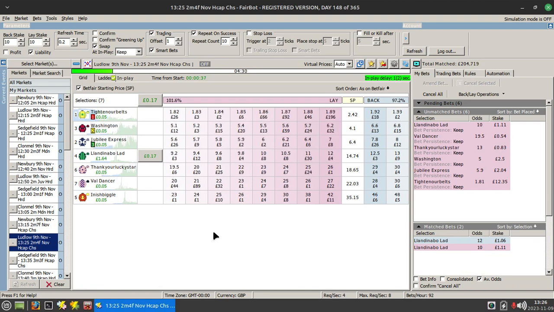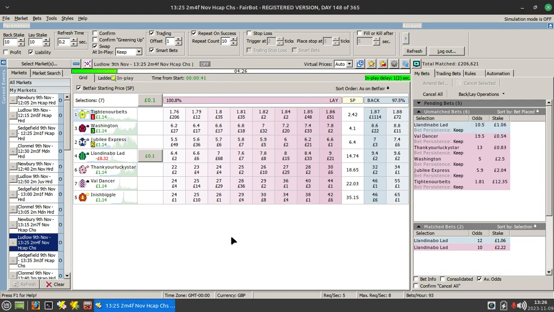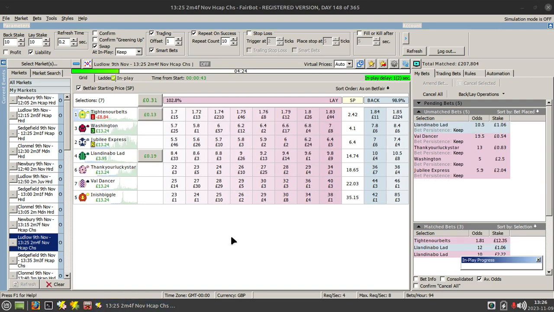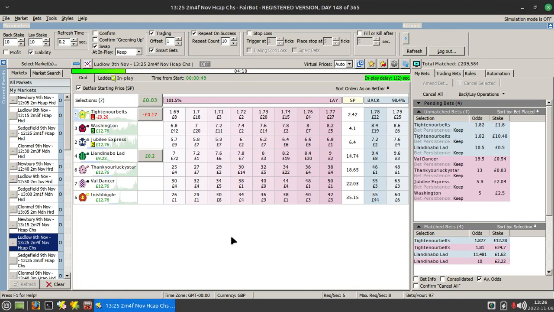Okay, so my repeat on success is still 10, so that's going to carry on looping round as and when. And by asking for odds much lower down, you need to either remove killer fill or indeed increase it to give the market time to actually get down to the point where you're asking for your lays to be taken.